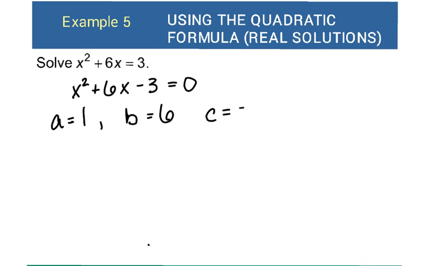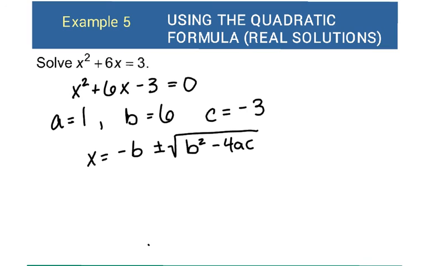And we take negatives along with or minus signs along with our numbers. So don't forget that. So it's -3 for our C. And then we plug away into our quadratic formula, which I'm going to state for you. x is equal to -b plus or minus the square root of b squared minus 4ac, all over 2a.